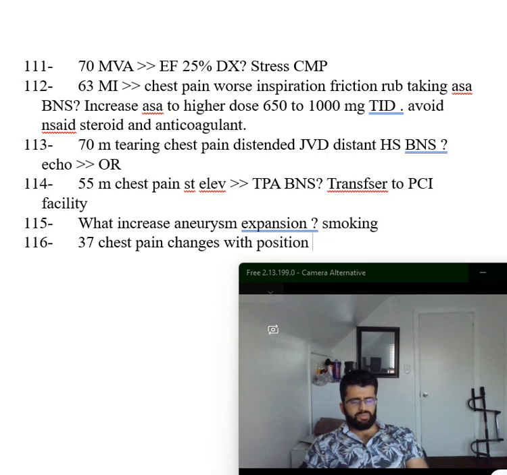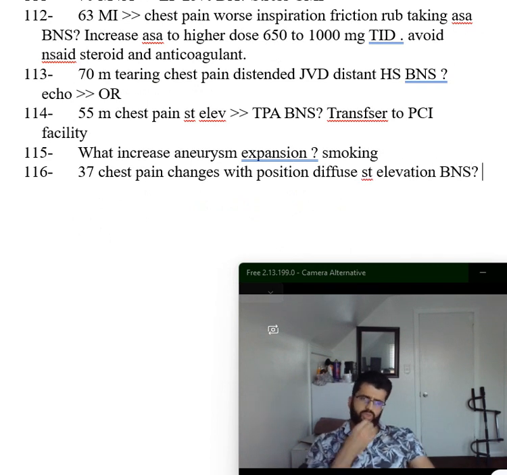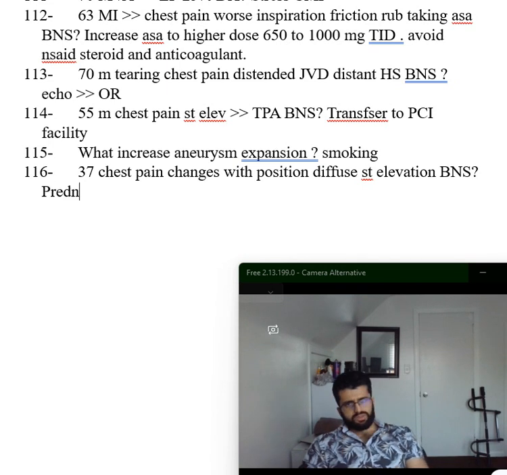That means maybe pericarditis, okay. And there's diffuse ST elevation with ST depression. Cardiac enzymes are normal, okay. And they ask, how do you manage it? What's the best next step? So they're asking about management of pericarditis. And the management is prednisone.